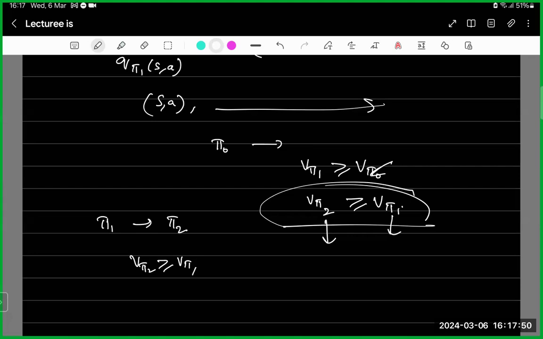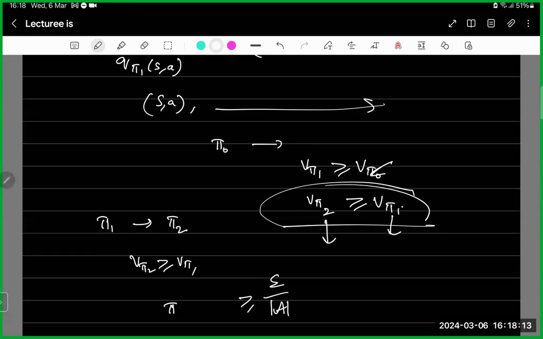So pi 1 is an epsilon greedy policy. Then you estimate q pi 1. Then pi 2 will again be an epsilon greedy policy, because you are again doing epsilon greedy improvement. So as long as the policy you are considering explores with probability at least epsilon, that is, every action should have at least this much probability.